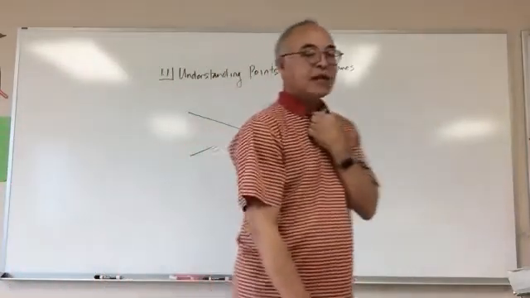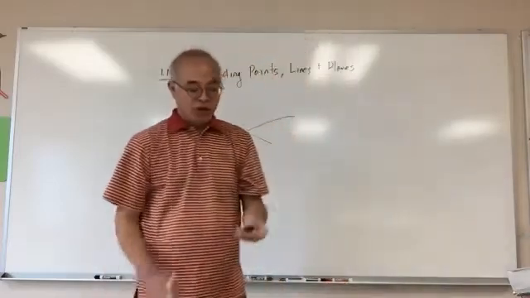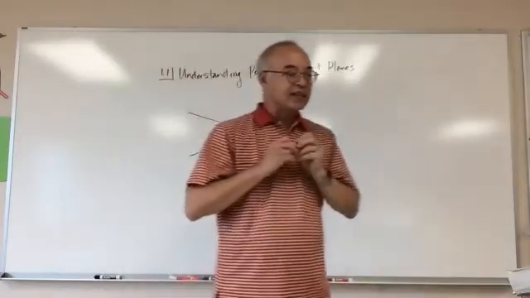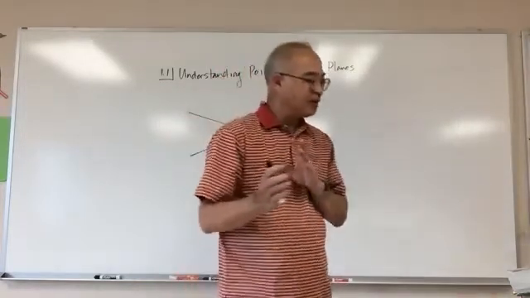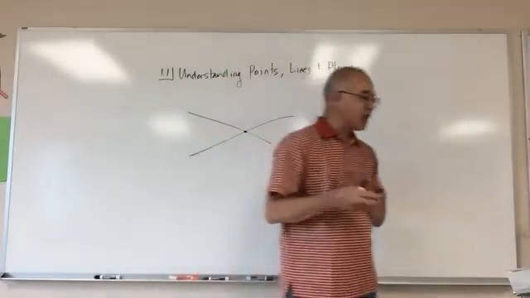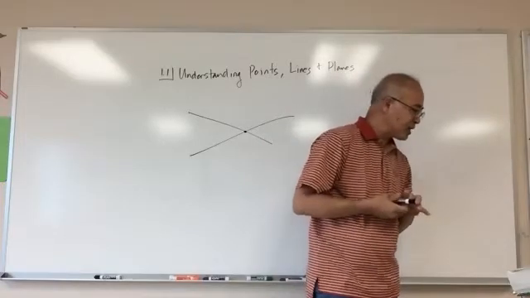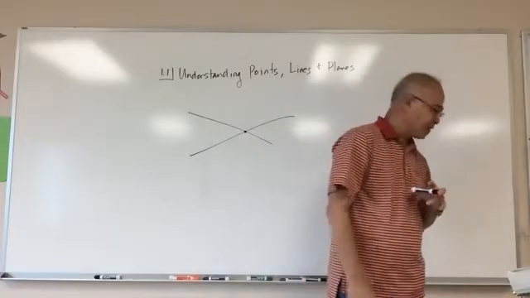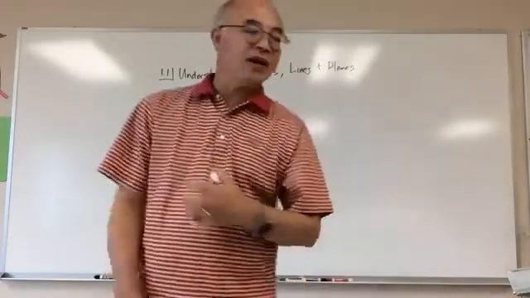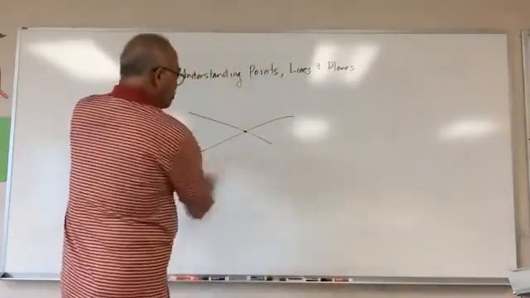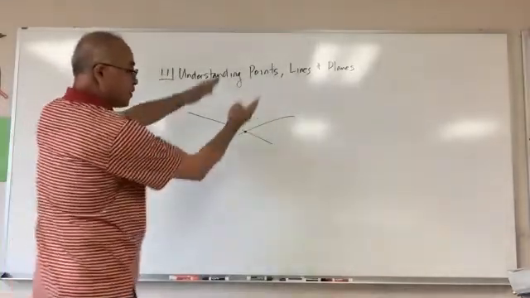Can anybody tell me what we called 2 lines that did not meet at all? Did anybody know what that was called? Unmute yourself and yell it out. Parallel. Parallel, correct. They're called parallel lines, right? If you remember, if you had 2 lines that do not meet, you called them parallel.